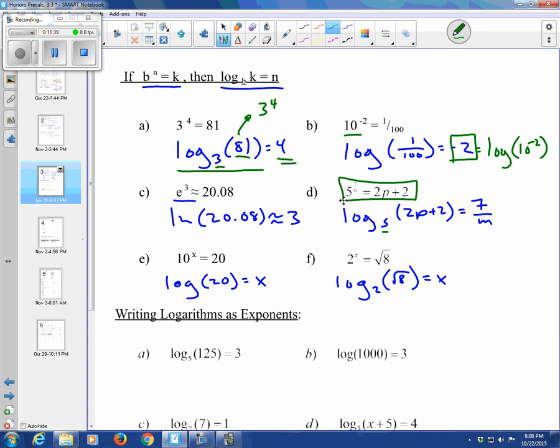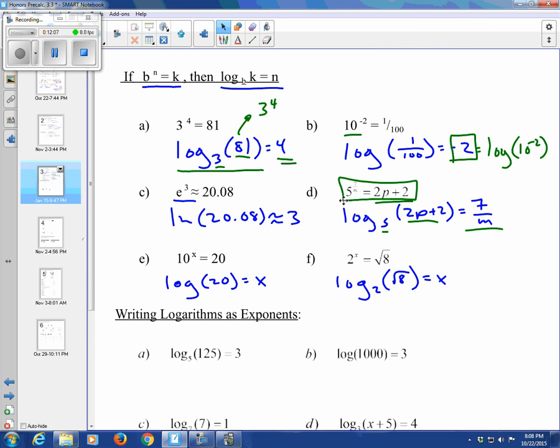I would have a base of 5, and log base 5 of 2p plus 2 is going to give me the exponent of 7 over m.